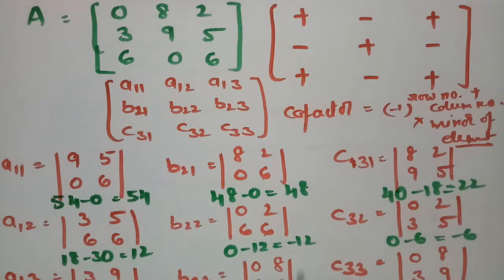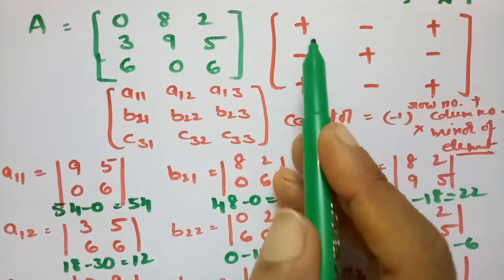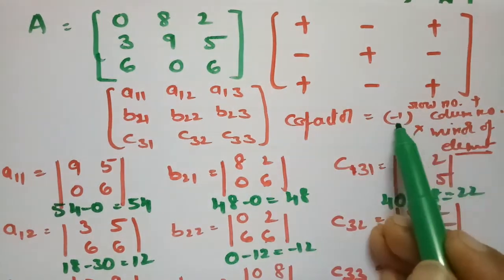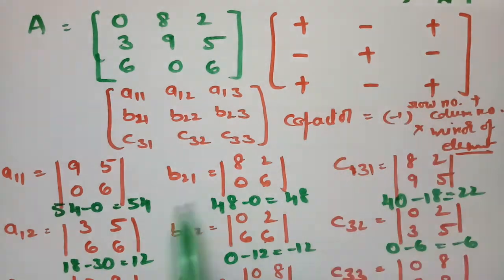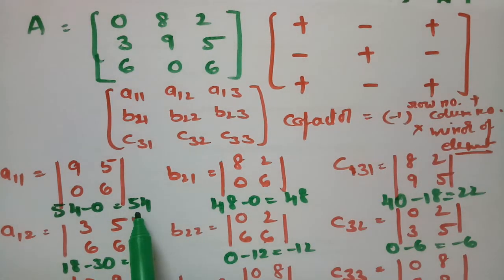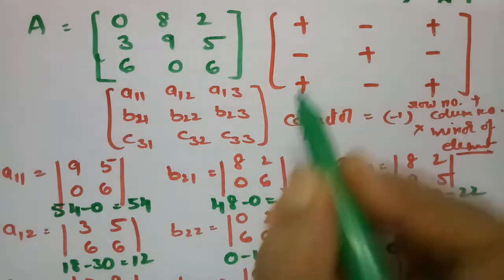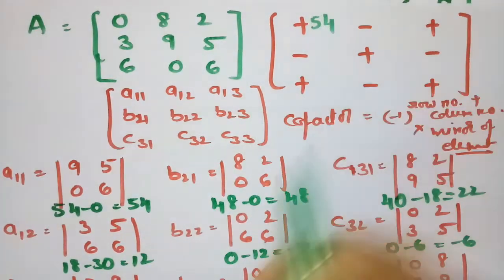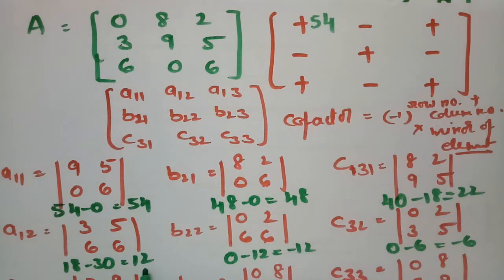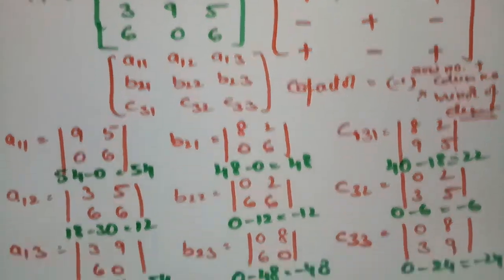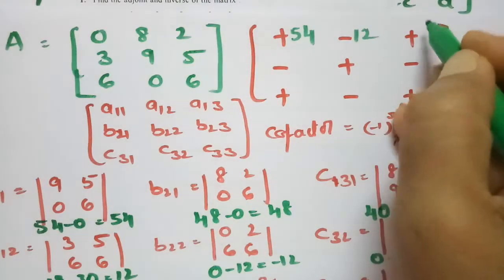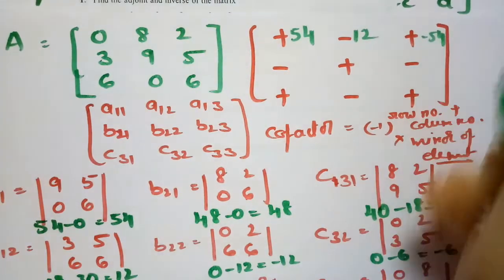After getting all these, I have to represent here minus 1 power the row number plus the column number. So after that, I have to write all the positions here. A11 minor is 54, and A12 value is 12, and this value is minus 54.